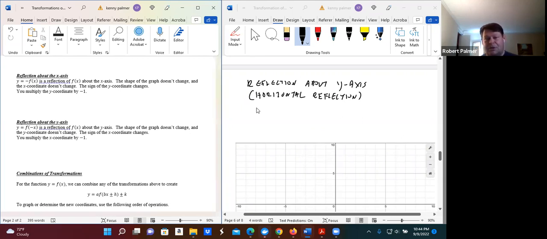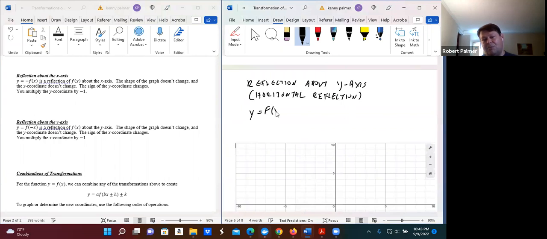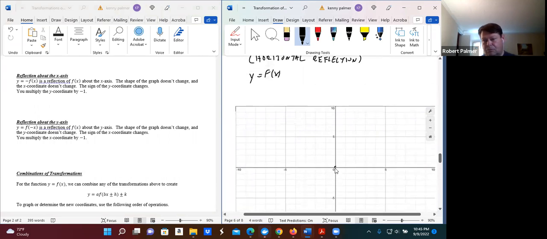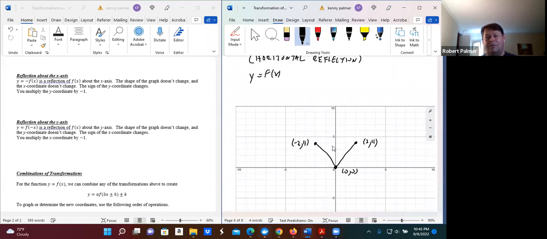So I'm going to start with our basic graph again, y equals f of x, the same one we've been using. So 0, 0, 2, 4, and then -2, 4. Now, let's see what happens.